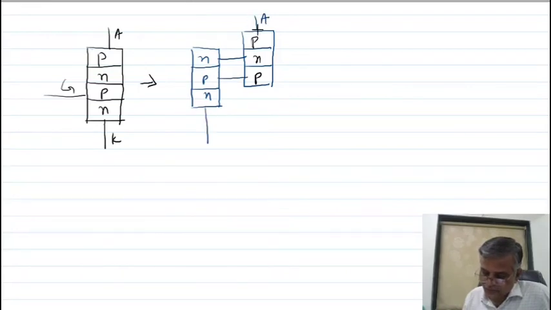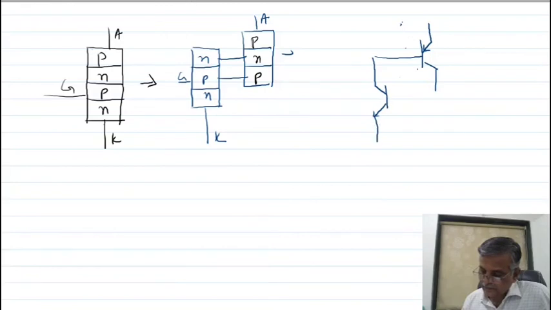See, this is the anode, this is the cathode, this is your gate. I am showing the gate here.